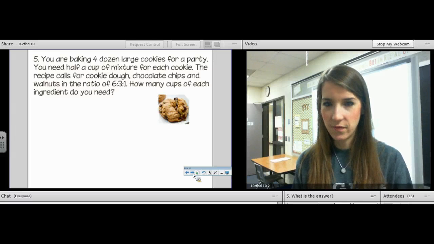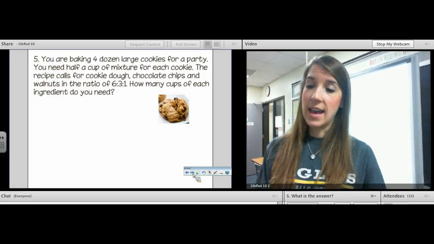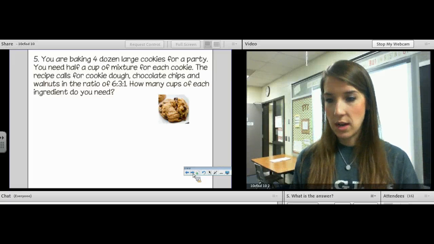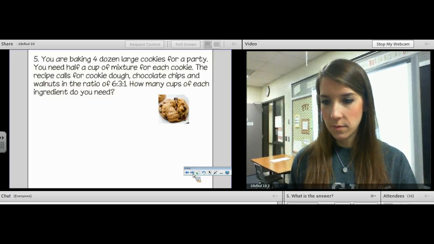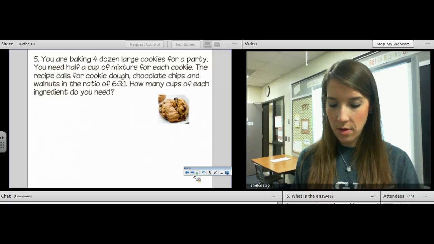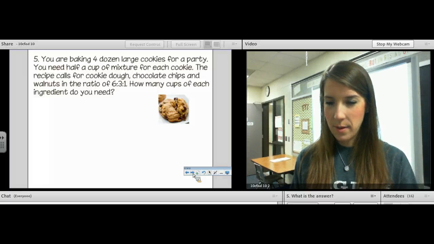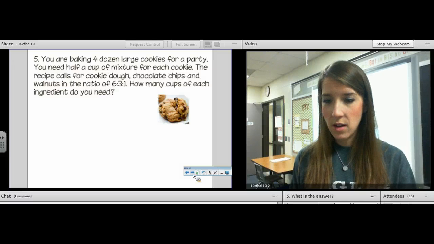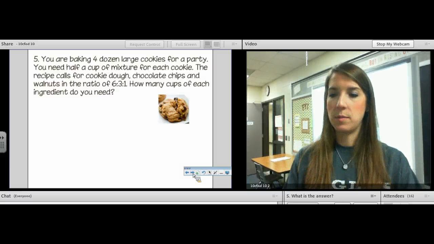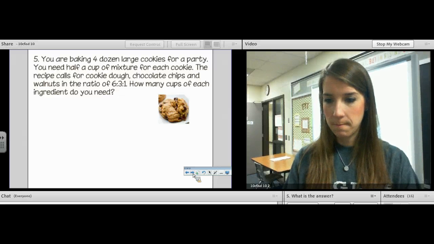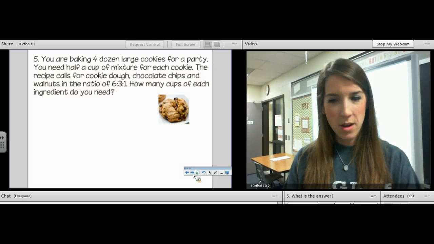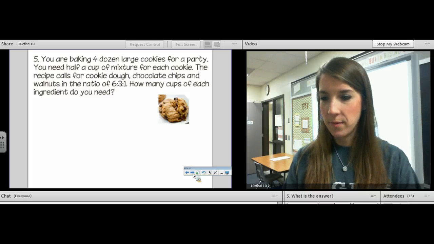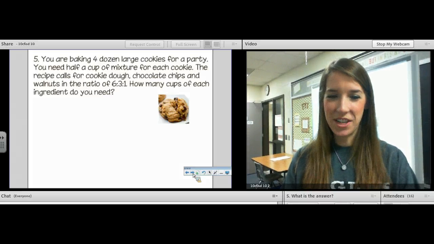George has got it. Carson, you found X, that's good, but find out how many cups of each ingredient you need. Good, Taha, but go ahead and label those, and you're a little bit off. One of those numbers is right. You need to label which one's cookie dough, which one's chocolate chip, which one's walnuts. Nope, Brandon.